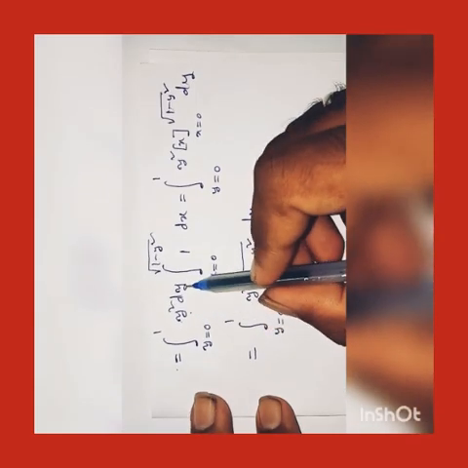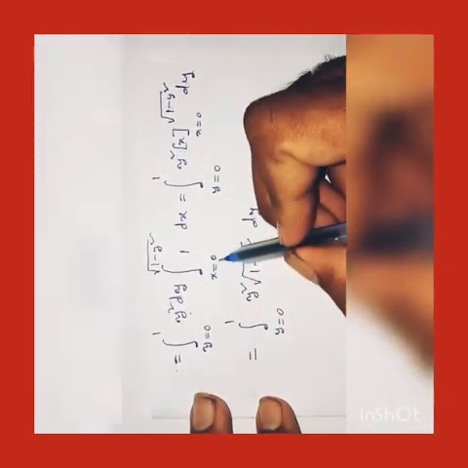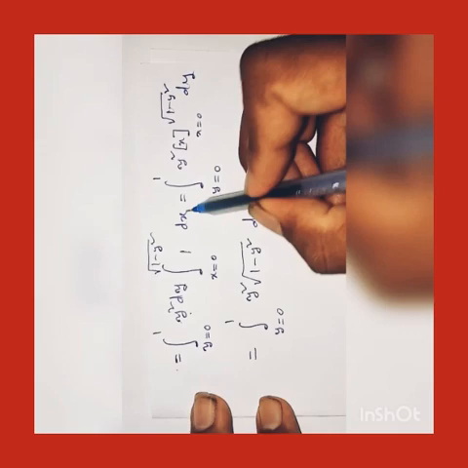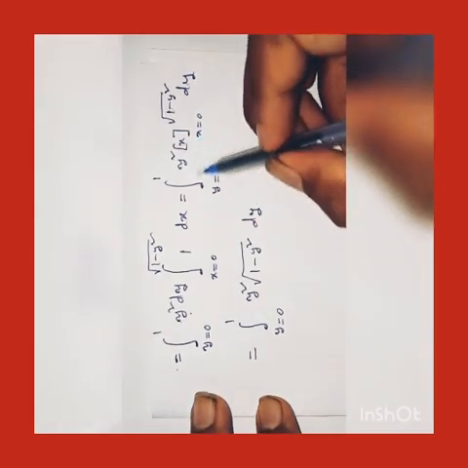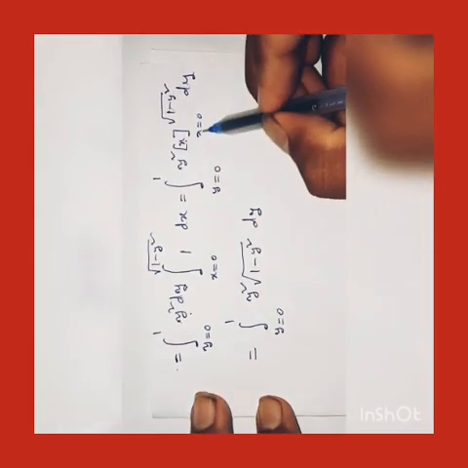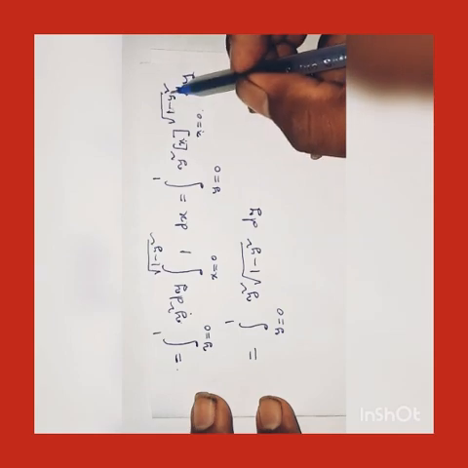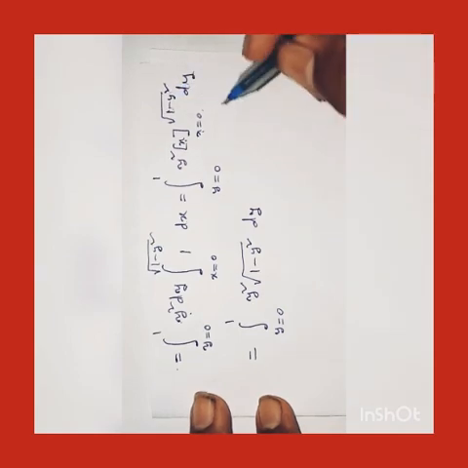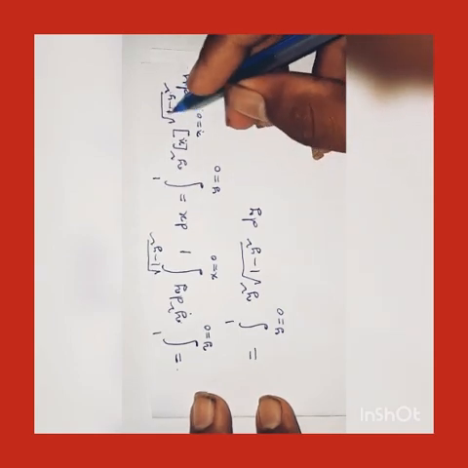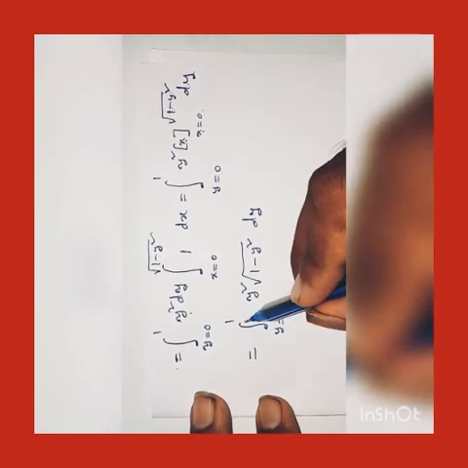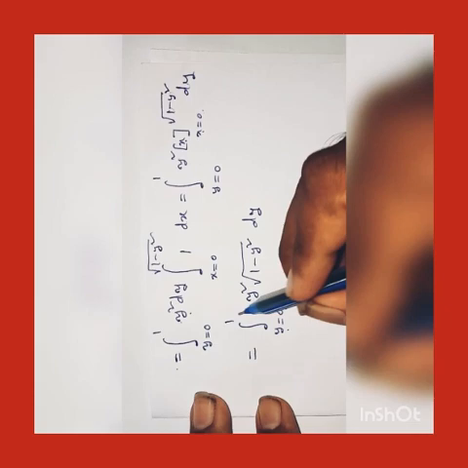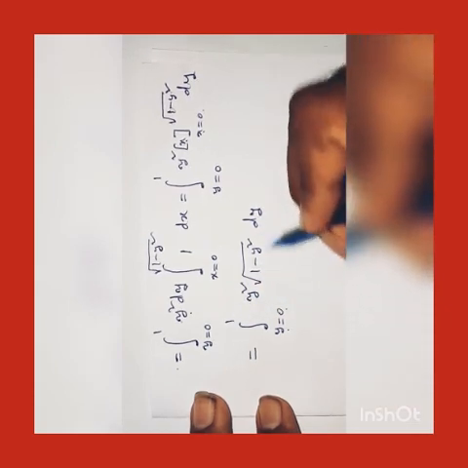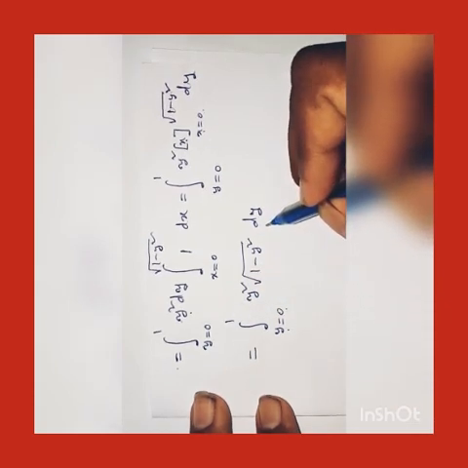Therefore y square dy will be constant. We have to integrate 1 with respect to x, that is x with the limit x is equal to 0 to root of 1 minus y square. After applying the limits, finally we get the integral with the limits y is equal to 0 to 1, y square root of 1 minus y square dy.